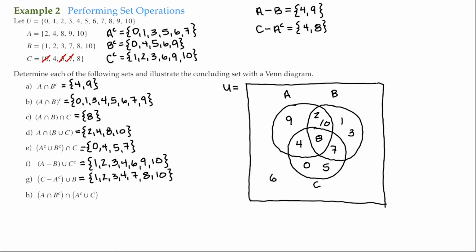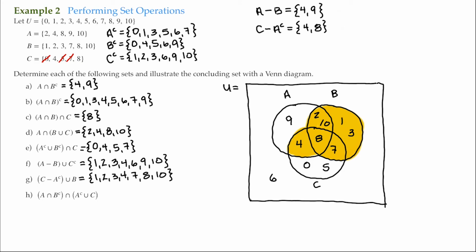And again, the Venn diagram, I just highlight what they are. 1, 2, 3, 4, 7, 8, and 10. Then I can get an idea what to color in. And that represents the Venn diagram.